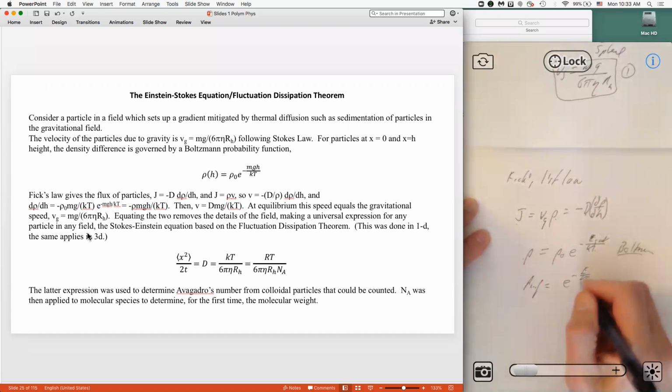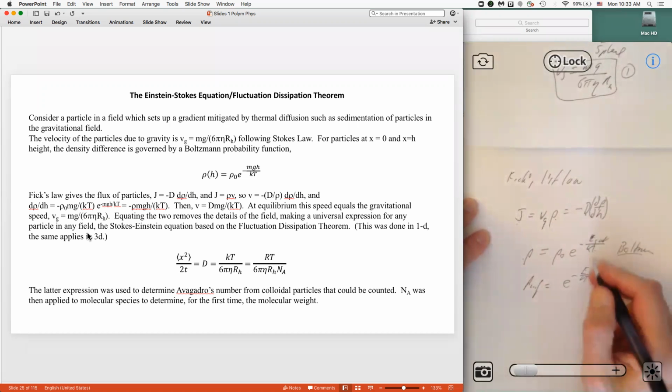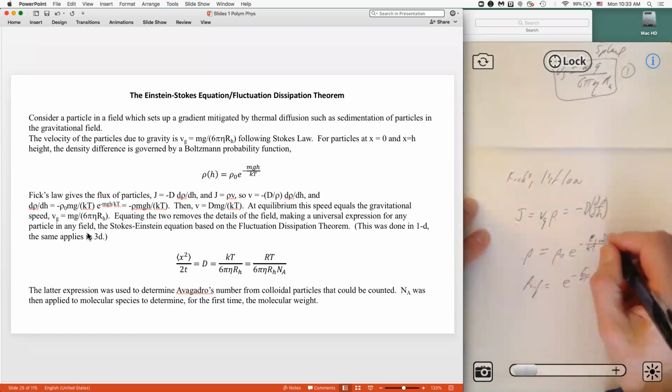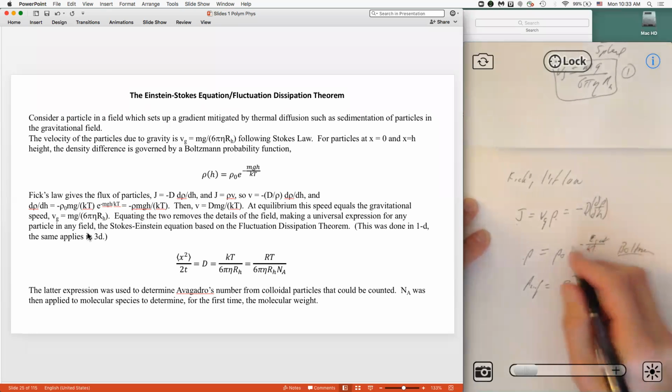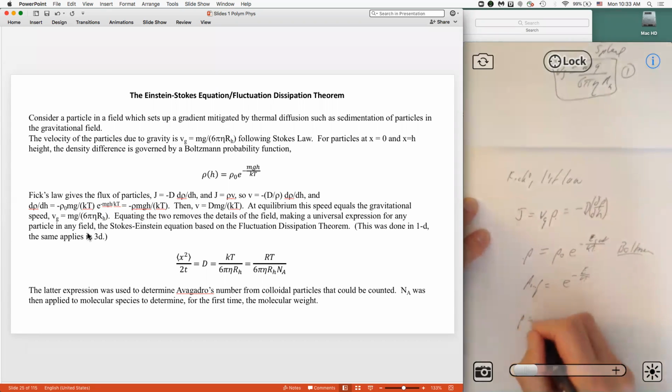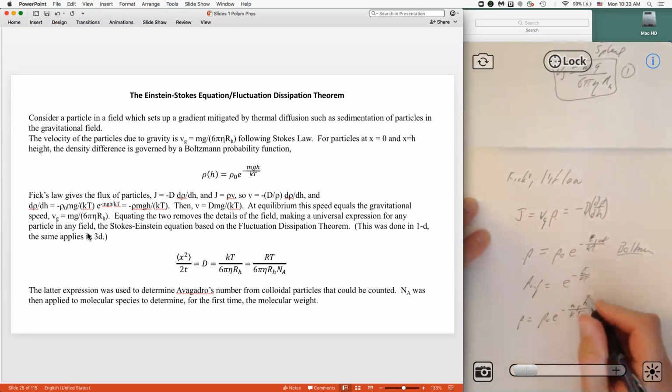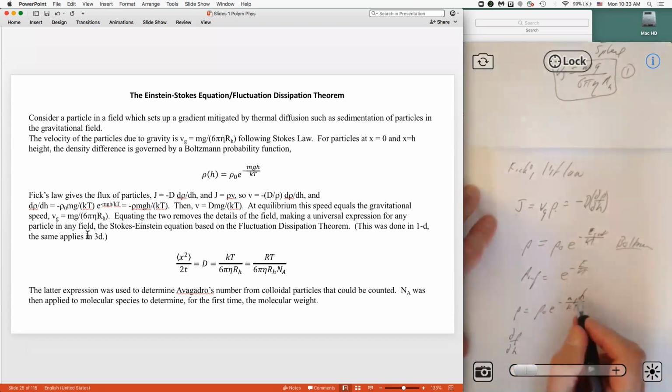This is the Boltzmann idea, the entropic energy. Since you know the gravitational energy is mgh, you can just plug that in. So the density is rho 0 exponential minus mgh over kT, and then the derivative of density: the derivative of exponential is exponential, but you take the argument, with respect to h, so this mg over kT comes out front.